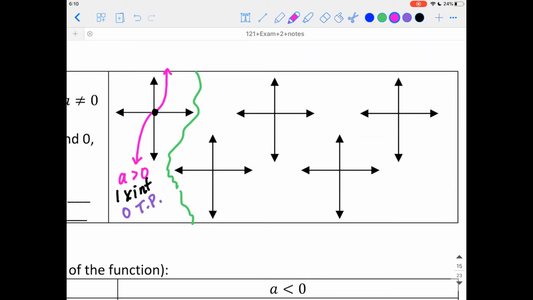Okay, another kid here that we can have. This one right here. So for this one, we can say that our A is still greater than 0. We have 1 x-intercept. But in this case, we have 2 turning points.